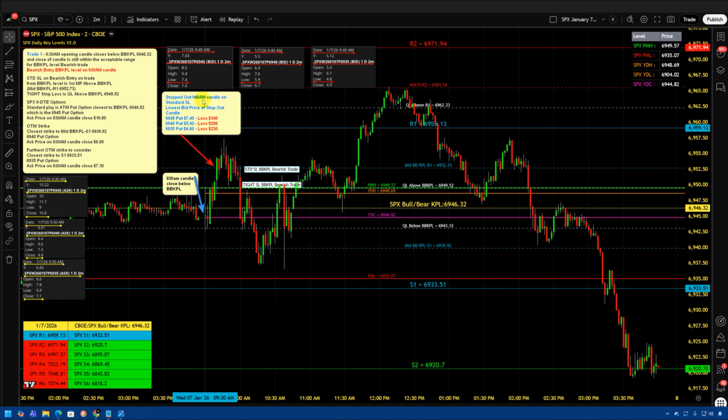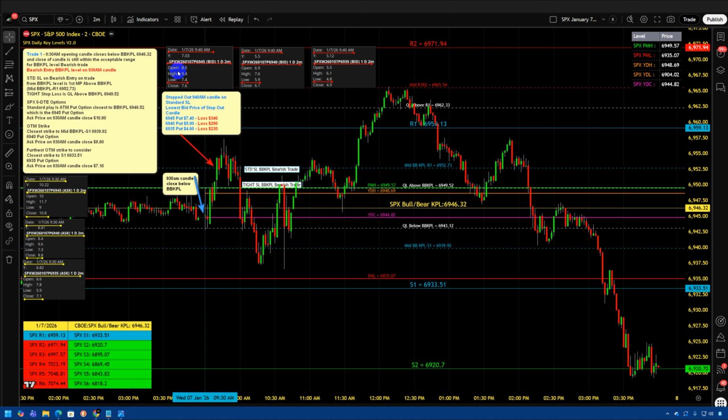So we're basing the loss on the lowest price in this given candle that was the stop out candle, because that is the worst case scenario. In practice, you may experience less of a loss depending on where exactly the candle closed versus the relationship between this candle and your stop out level.